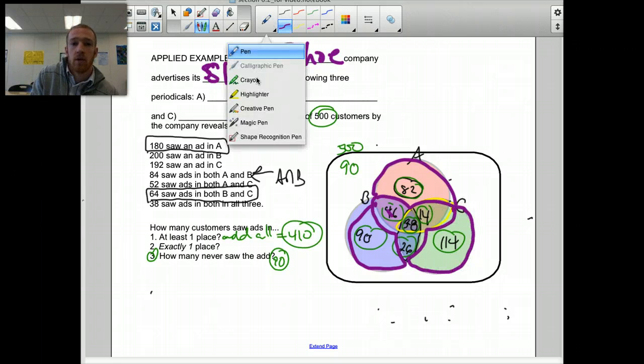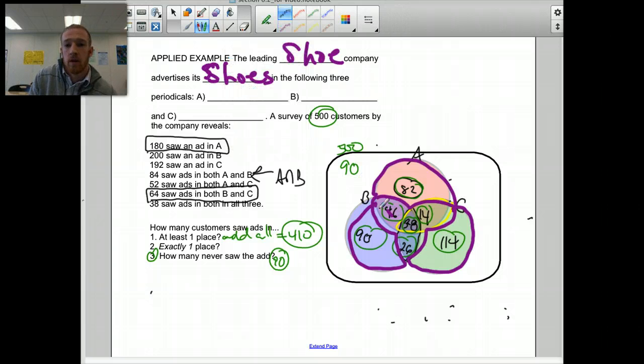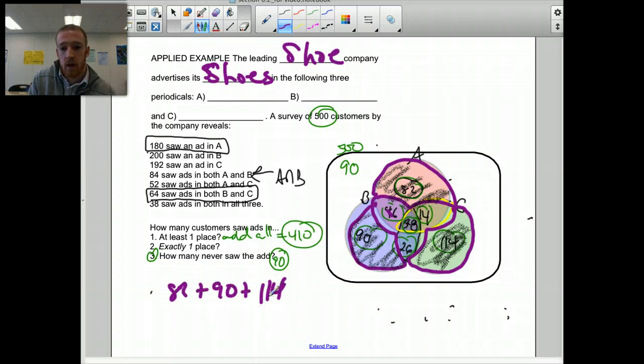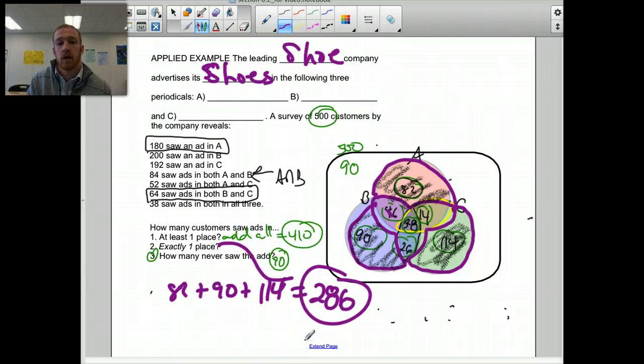So we're only looking at here and here and here. So I add that up and I get 82 plus 90 plus 114, which gives me 286 people who saw it in exactly one place.